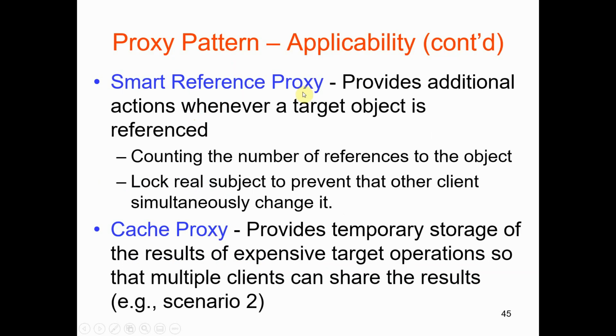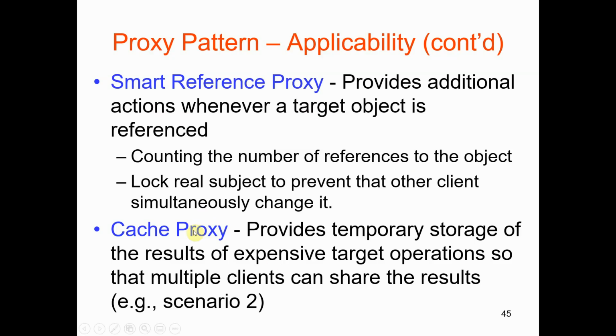And smart reference provides additional action whenever a target object is referenced, for example, like a load balancer. Like counting the number of references to an object so that you can optimize the references and balance the load of the object. This we call smart reference, and this load balancer is also widely used.